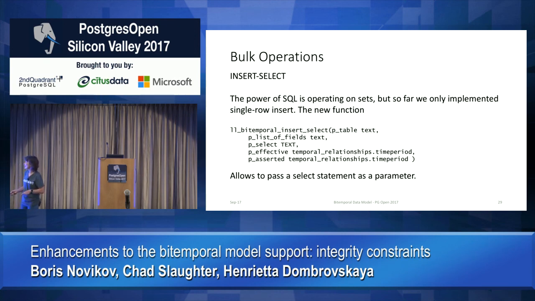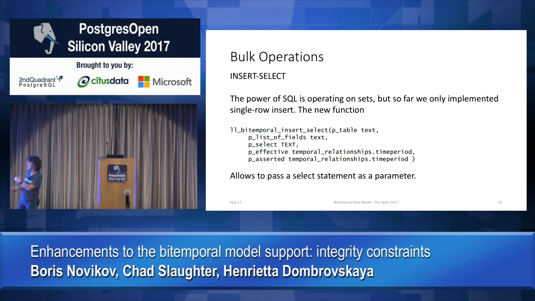So one thing, we introduced bulk operations, because we are in the world of relational databases. Our power is with bulk operations. And if you think about the operations we described, all of them were unitary operations on one record. So the first thing we needed to create was bulk insert, because we want to insert data into a temporal table.